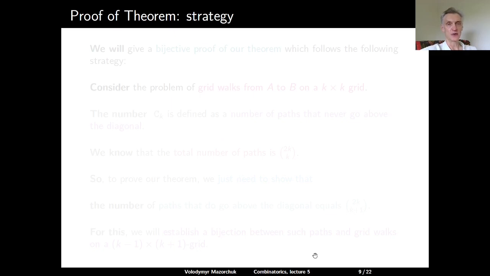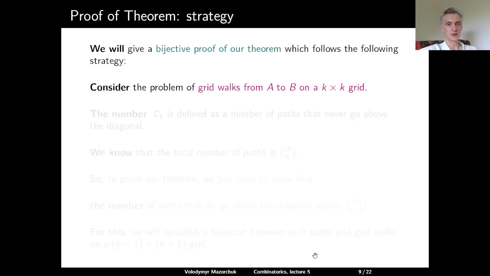Now let us describe our strategy to prove our theorem. We will prove a theorem using an explicit bijection, so we will use the rule of bijection. So let us consider the problem of grid walks from a southwest corner to a northeast corner on a k times k grid.